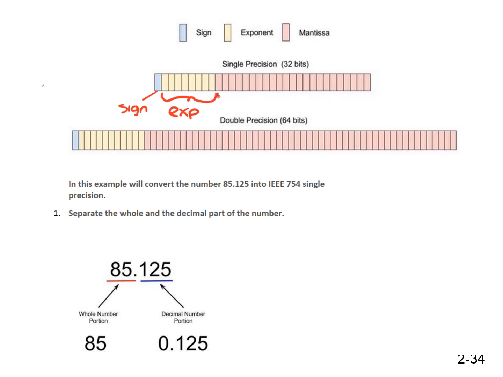And then we have a 23-bit mantissa. So in this case, we're going to take a number, 85.125. I can tell you by looking at it, this number is going to divide into a power of 2 nicely.